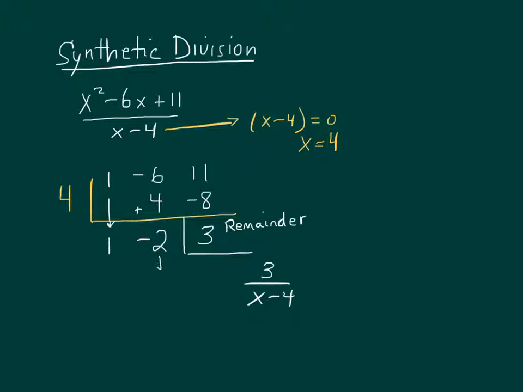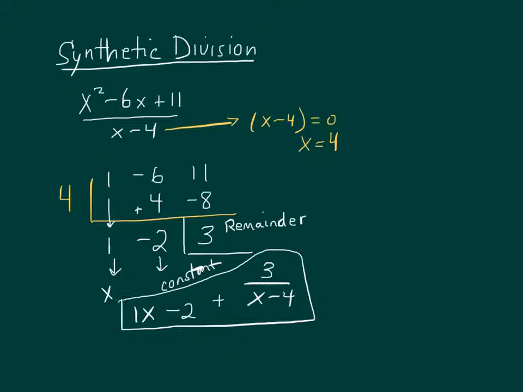Now, we have the constant here, and this is our x coefficient. So we're going to have 1x minus 2, plus our 3 over x minus 4.